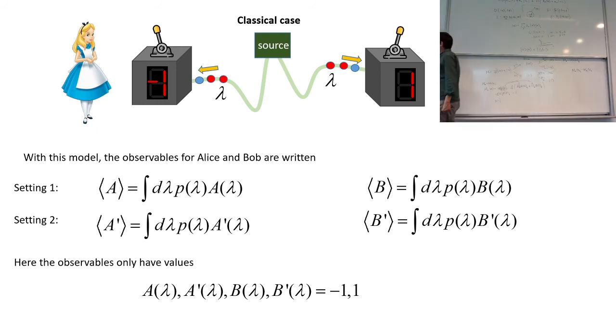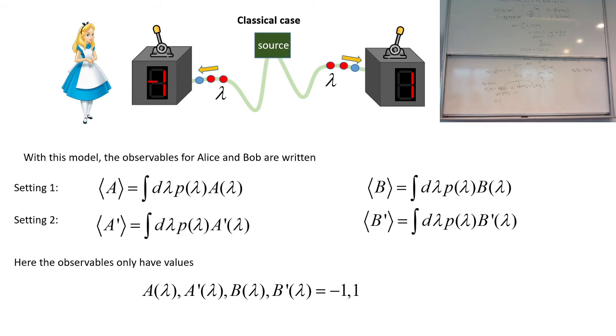we can define things like averages of various observables, a bit like how we've been doing. Well, in fact, exactly like how we've been doing. So we've got some probability distribution over these variables, and we've got some observable. These are the values that you average over, right? And because there's two settings, there's two different functions for Alice.